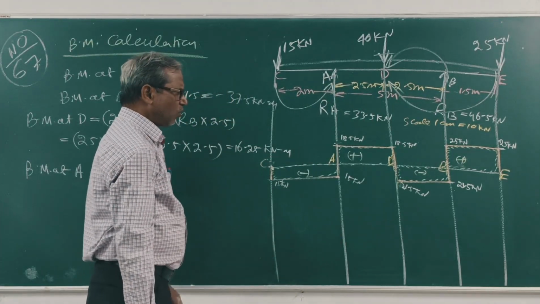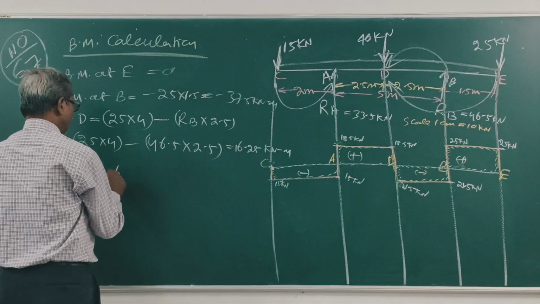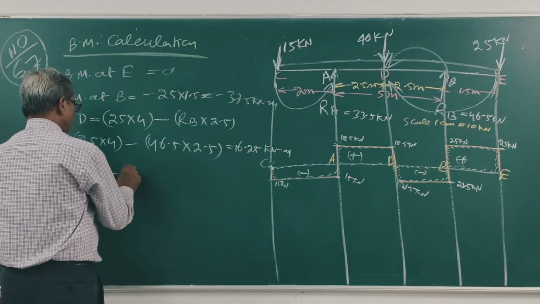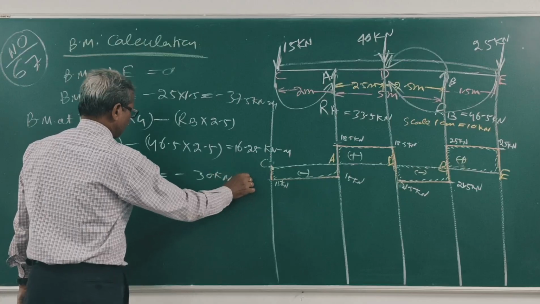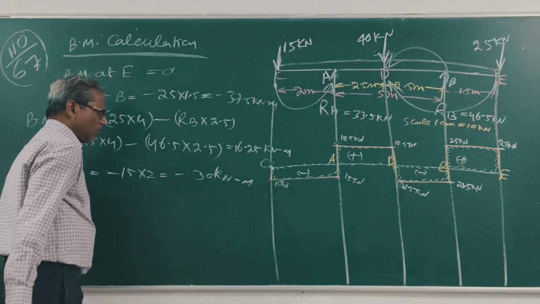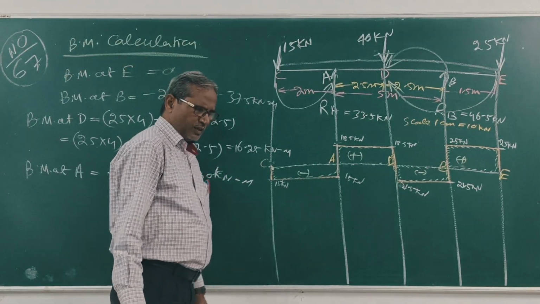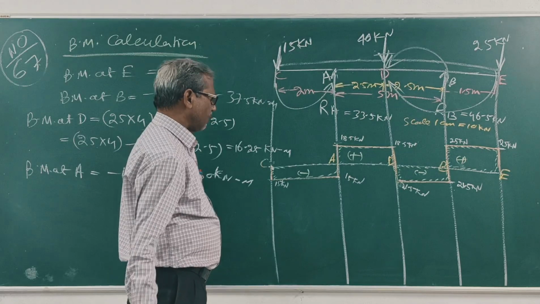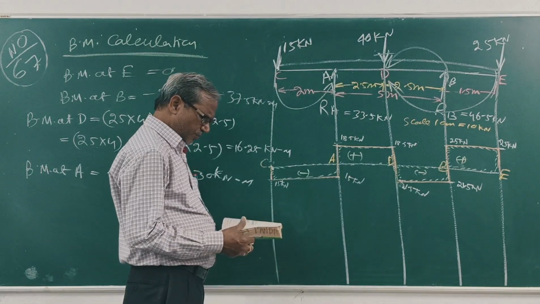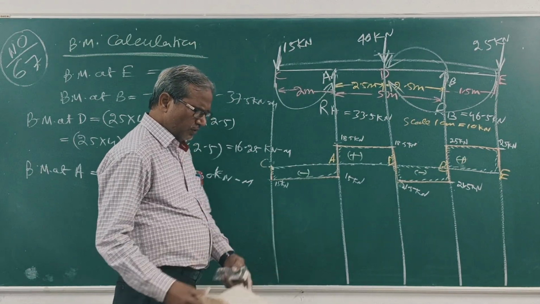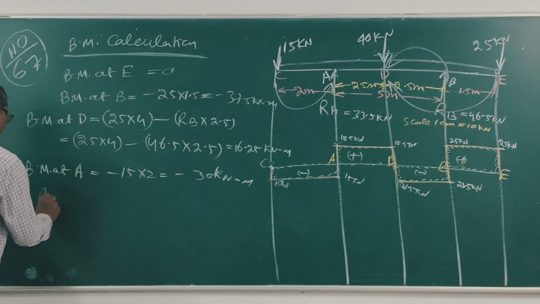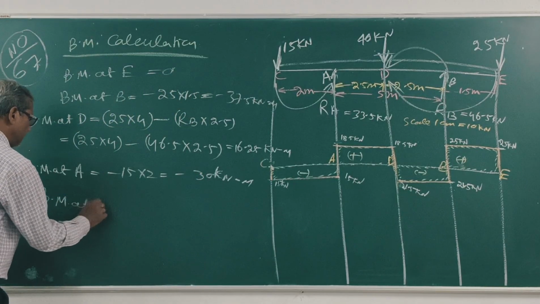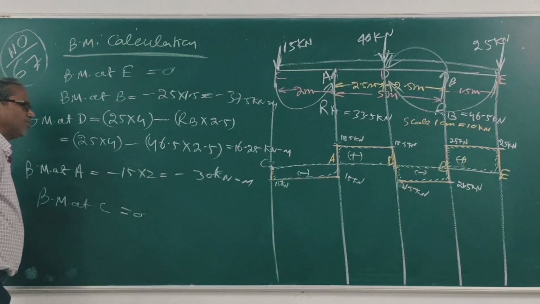So 15 into 2 minus 30 kilonewton meter. At C, BM is equal to 0. Clear?